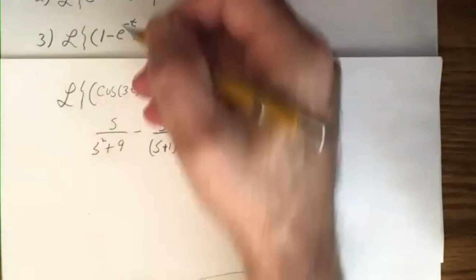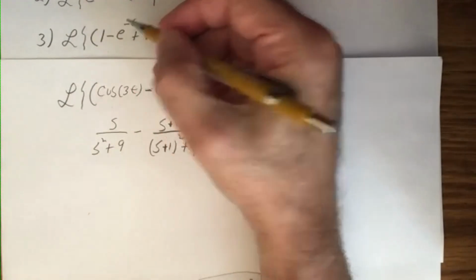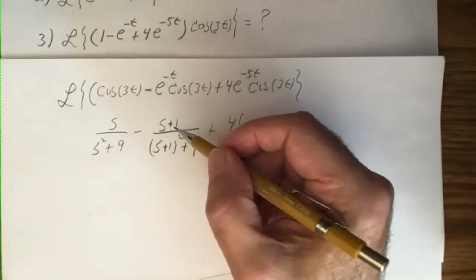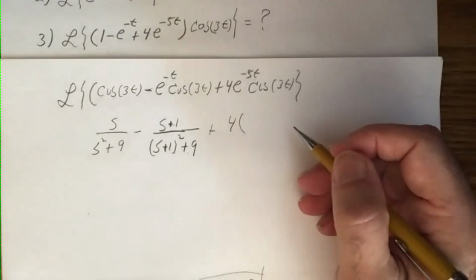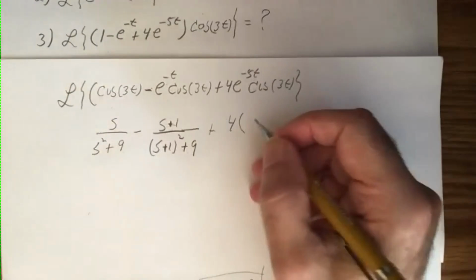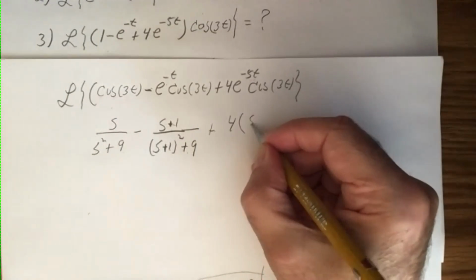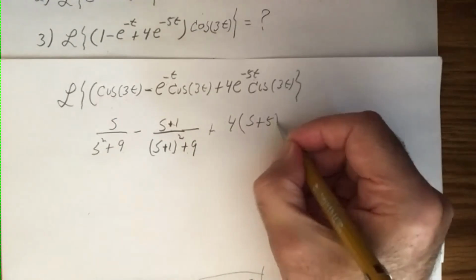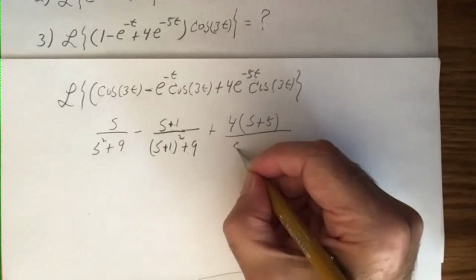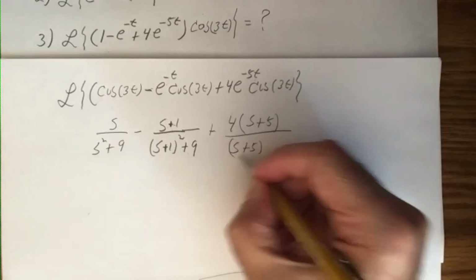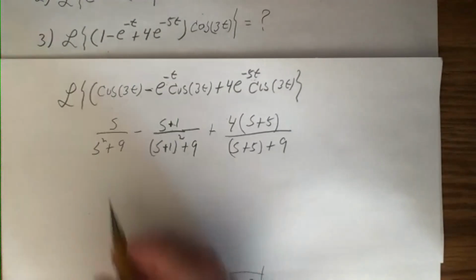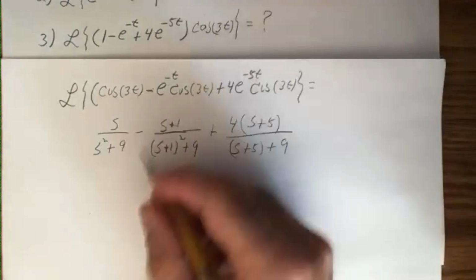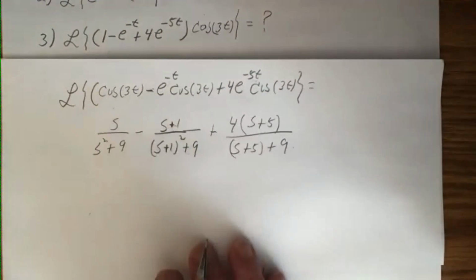In my notes, I got this as a plus, but that's okay. So this is going to be a plus here now, because I got the minus here. Now this is going to be s plus 5, and then s plus 5 squared, plus 9. Okay, so that's the Laplace transform of this thing.